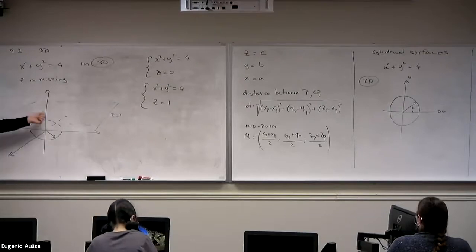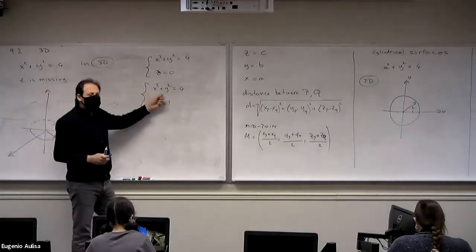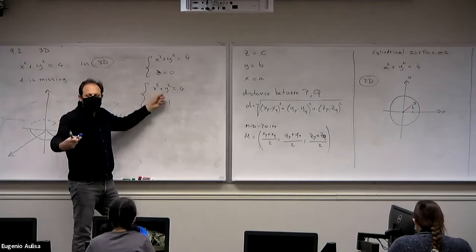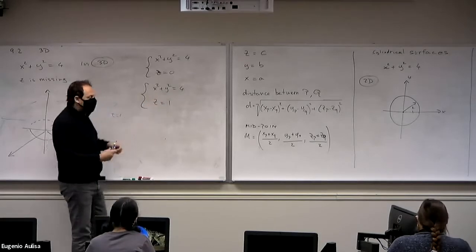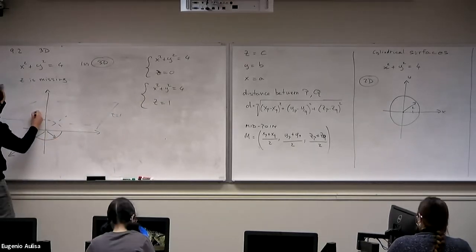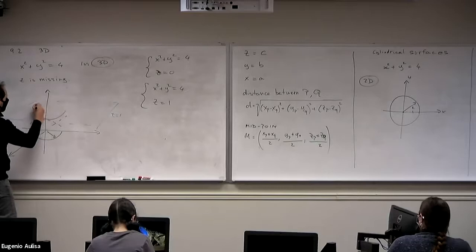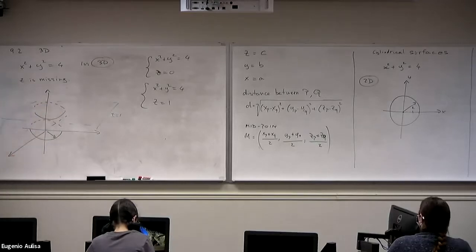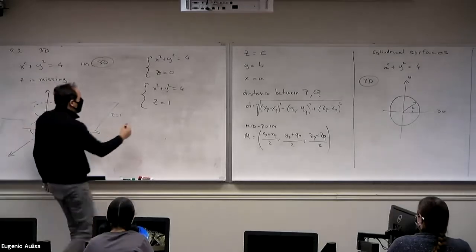So on this plane, z equal to 1, we are satisfying exactly the same equation, which involves only x and y. So we are just going to get a shift of our circle to z equals 1. Make sense?